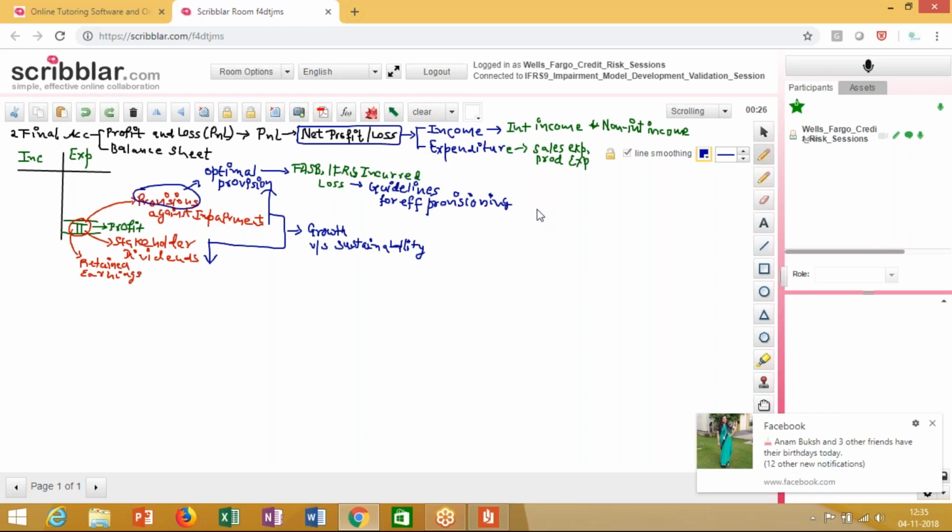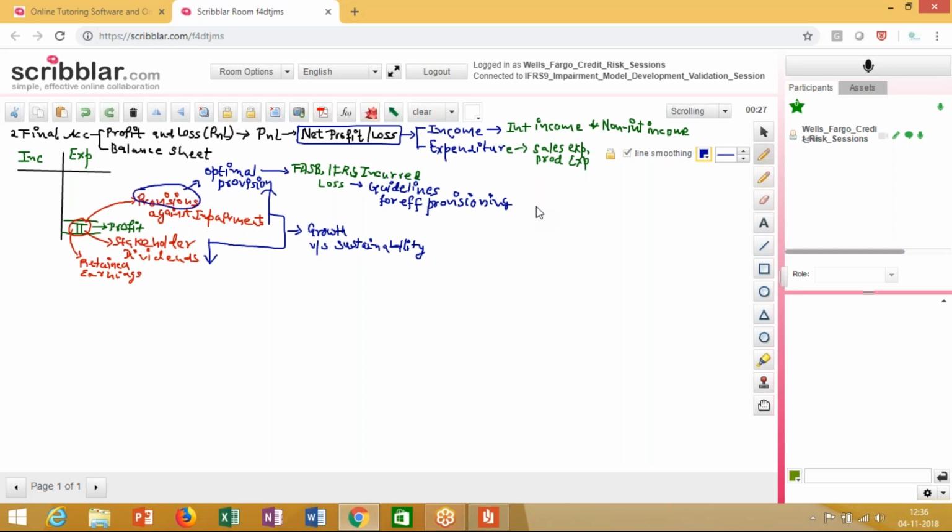That's your optimal figure. And how do you ensure that it's an effective figure? Because you have three feeder models going into it, the PD, LGD, and the EAD, which give you the expected credit loss. This ECL figure is some percentage of the total profit, so that's your ECL percentage.